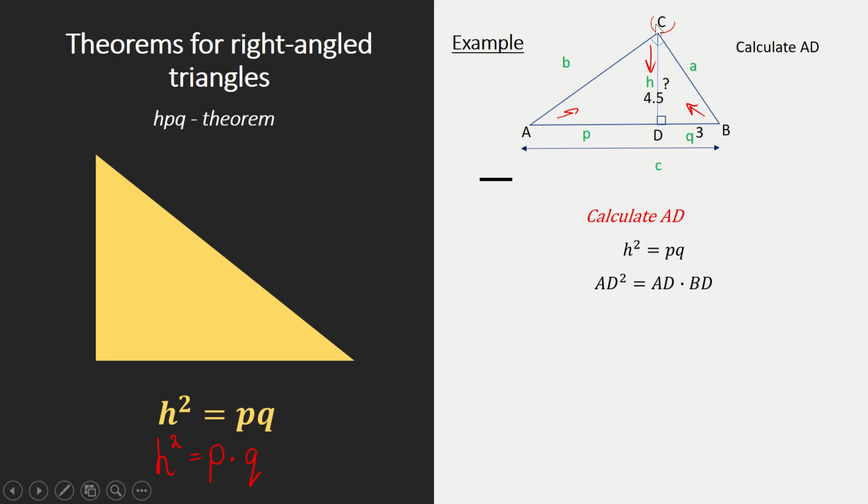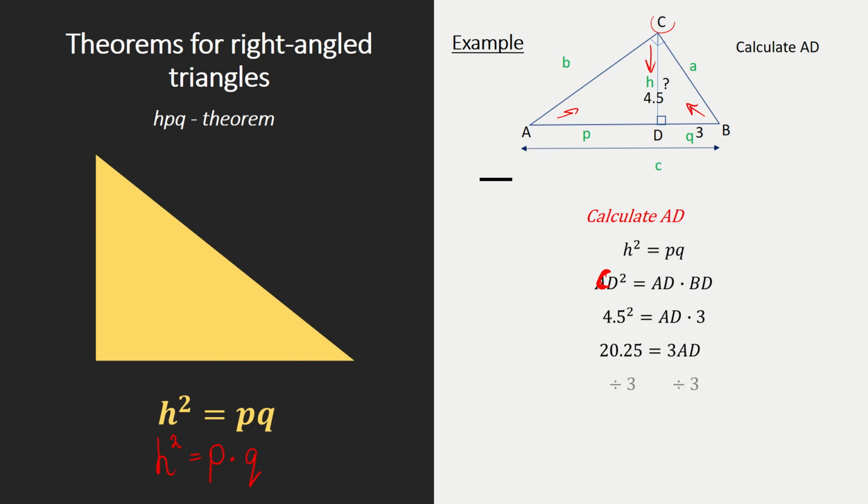That means that we have a look at h, which is CD, squared equals AD times BD. It's a must to write down the letters as well. CD is 4.5, so you get 4.5 squared equals AD times 3. 4.5 squared is the same as 20.25, and 20.25 equals 3AD.